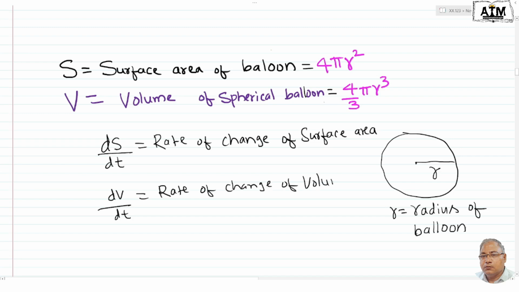V is the volume. The volume of a spherical balloon is given by the formula 4 by 3 pi r cube, where r is the radius of the balloon, and the surface area of the balloon is given by 4 pi r square.